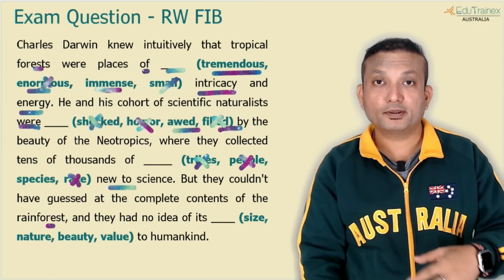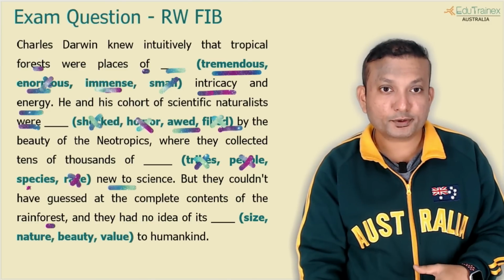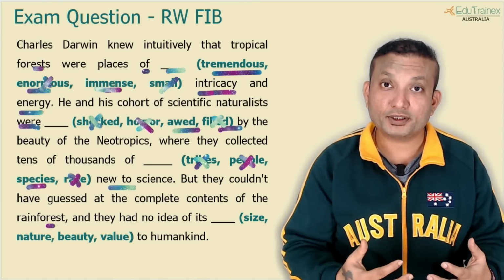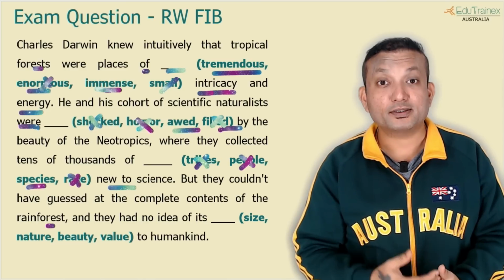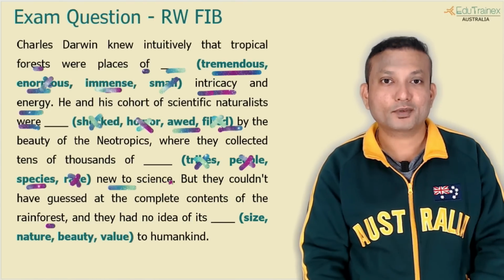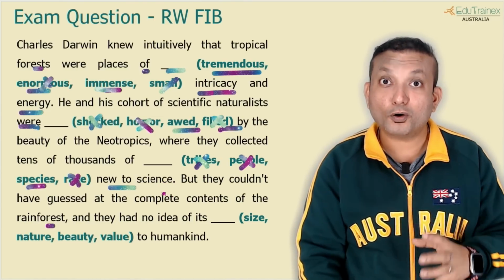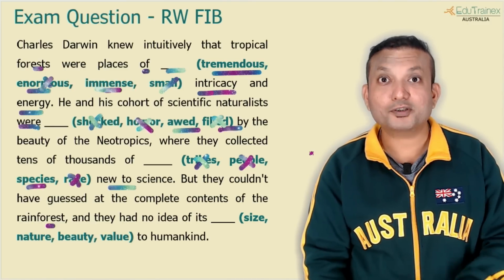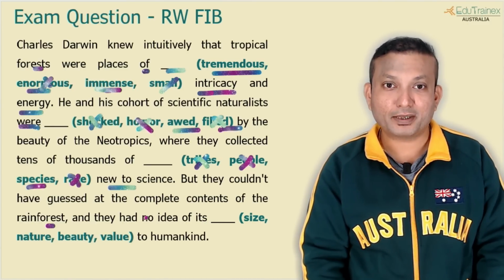Race, tribe, all related to people. Only species is common to both, right? Human beings are also species and plants are also species. So only that is tens and thousands of species new to science. And that is a really awesome discovery. Not awful, awesome. Awful is the opposite, bad.